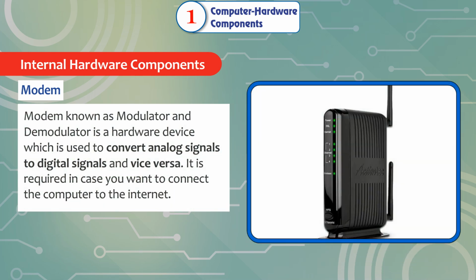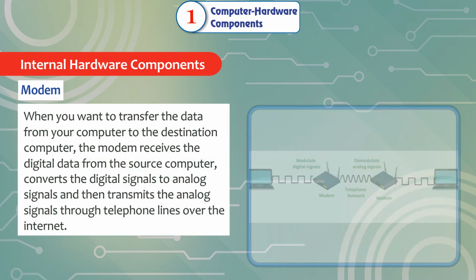Modem. Modem, known as modulator and demodulator, is a hardware device which is used to convert analog signals to digital signals and vice versa. It is required in case you want to connect the computer to the internet.